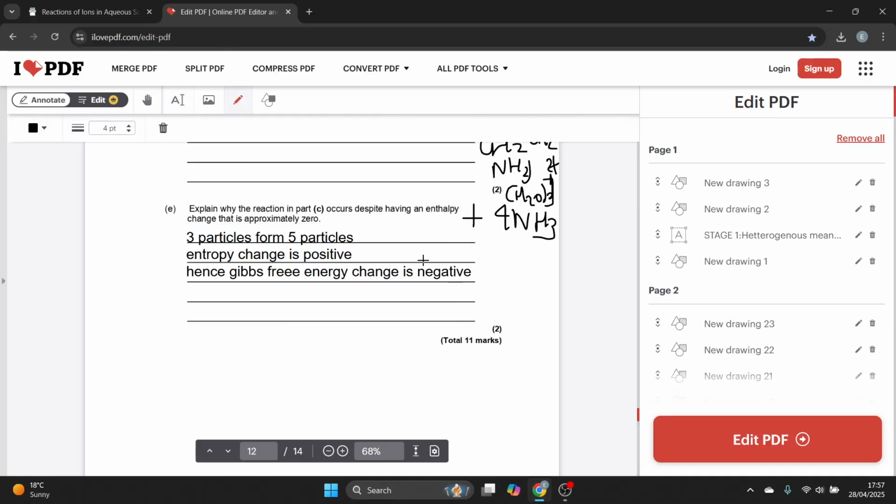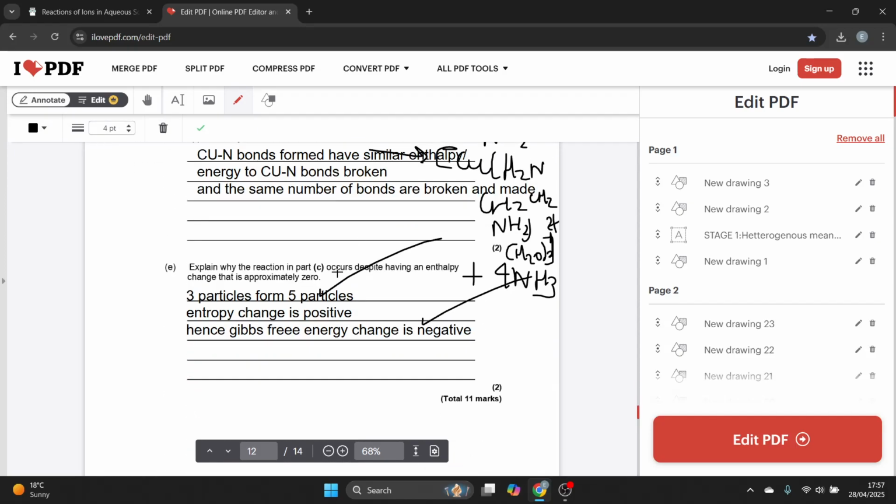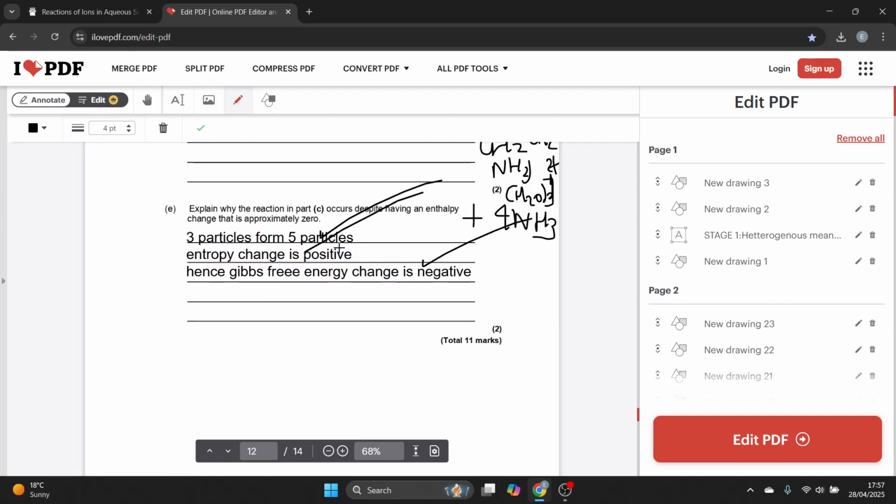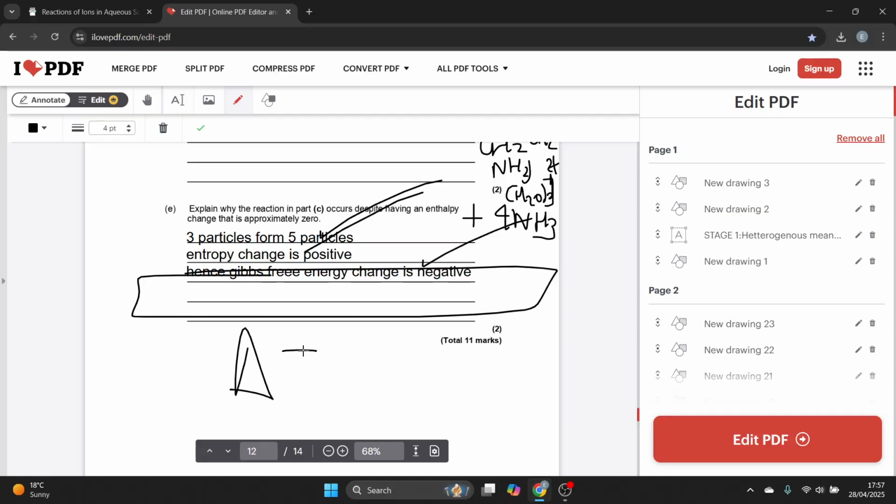Because this one's really important. Most students might get this. Once you've memorized the equation, you're like, okay, 3 particles form 5 particles, entropy change positive. But then remember this really important equation that you have to know and understand what it means. Therefore entropy change positive, therefore Gibbs free energy change is negative.